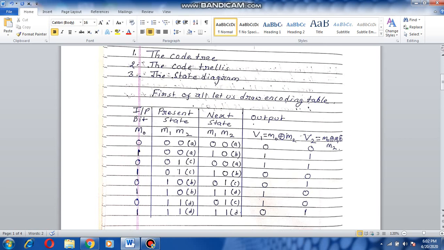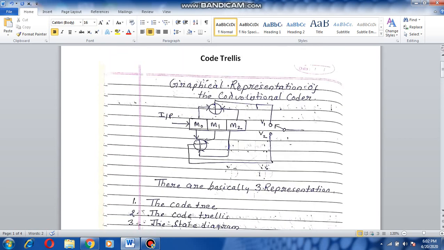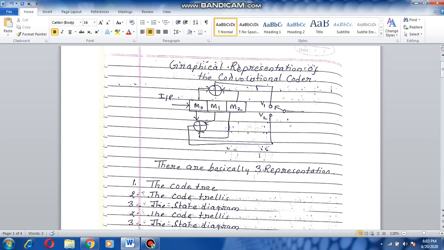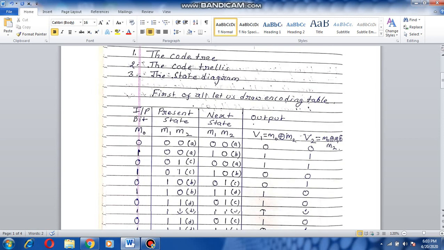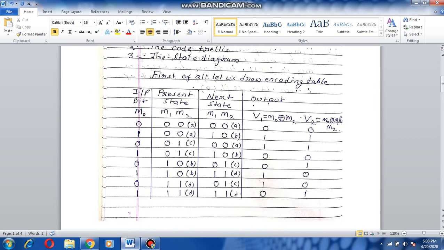As we can see in the coder, the output V1 is nothing but the addition of M0 and M2, and the output V2 is the addition of M0, M1 and M2. So using all this information, we can compute V1 and V2.